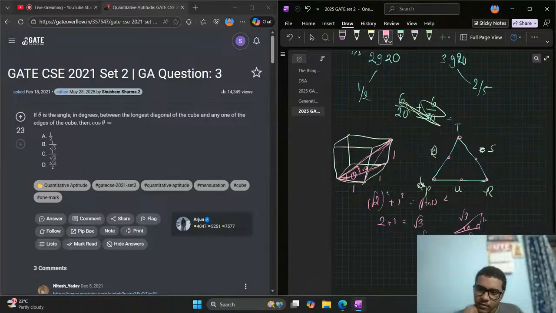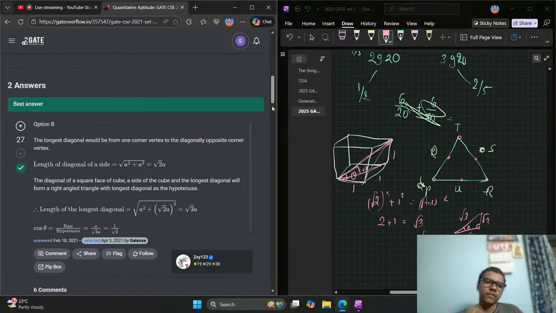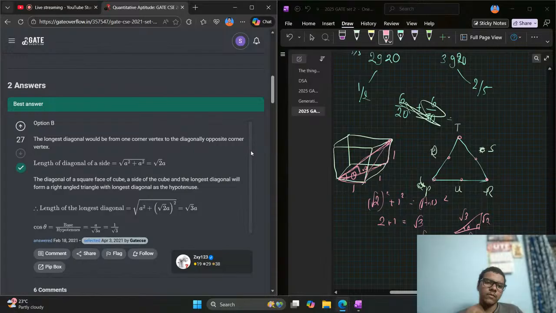It will be root 2 anyways. Okay. So this we got as root 3.